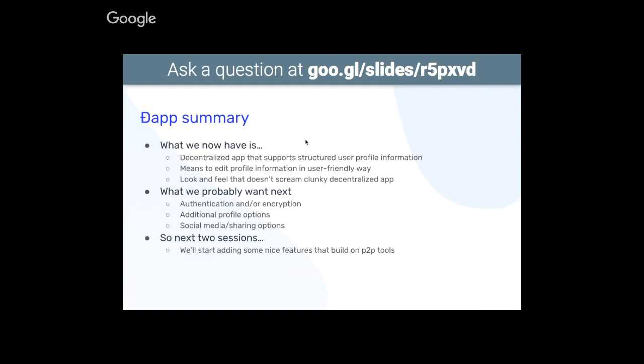So what we probably want next is some sort of authentication and encryption, additional profile options, maybe some social media sharing options, things like that. And by the end of this session, we'll have added a few of those features to our Đapp so that you have something that works and makes sense in how apps work these days.